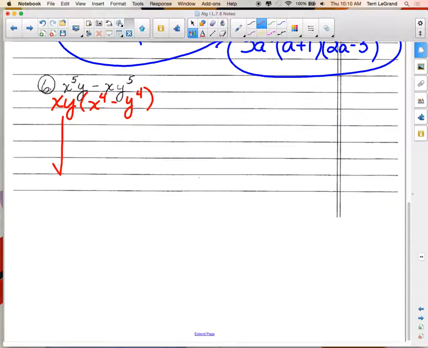Oh, this is starting to look like that one we did at the beginning of class. This is the GCF. This is the difference of squares, is it not? So what's its factored name?